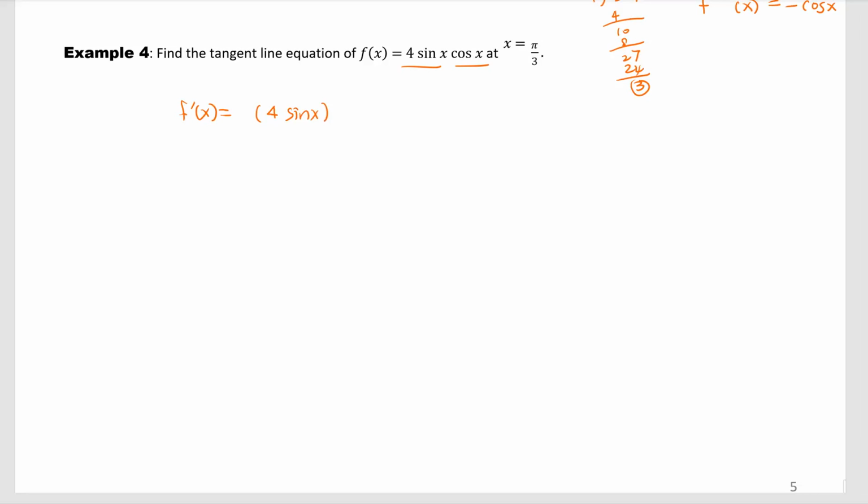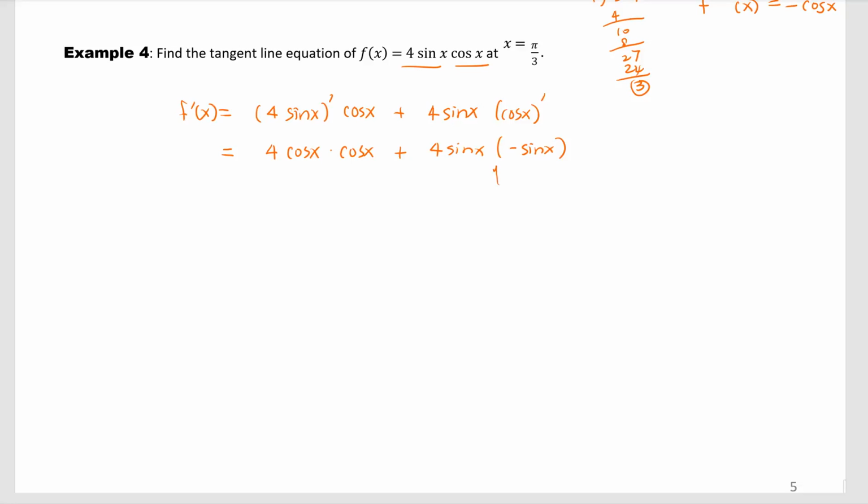Is the derivative of the first guy times second guy plus the first guy times the derivative of the second guy. Derivative of sine is cosine, so 4 cosine x, and there is another cosine x, we just copy it down. And then sine x, derivative of cosine is minus sine x.